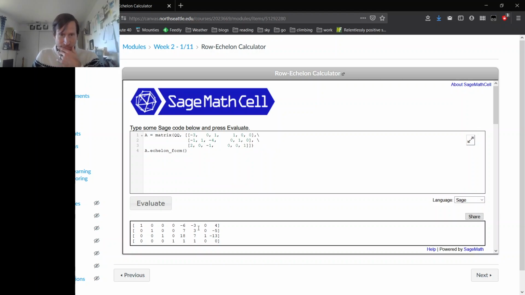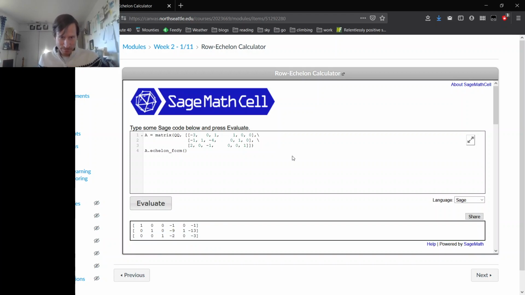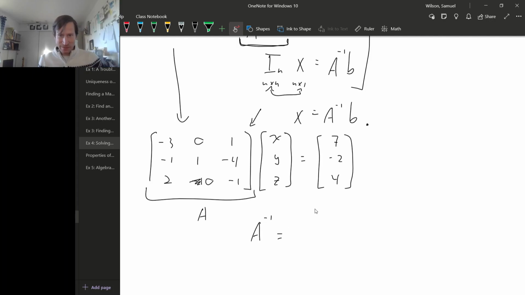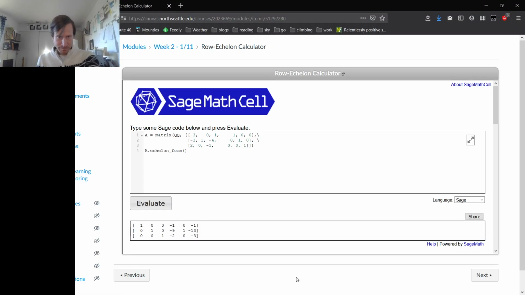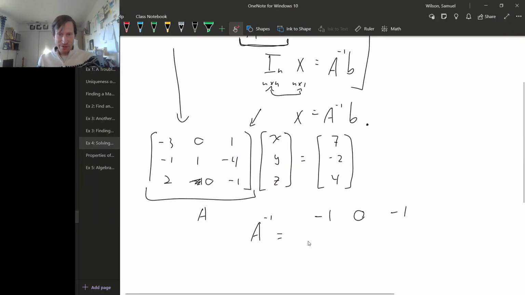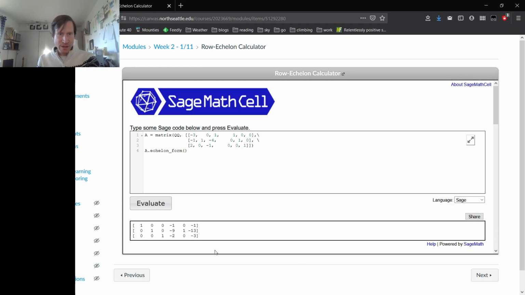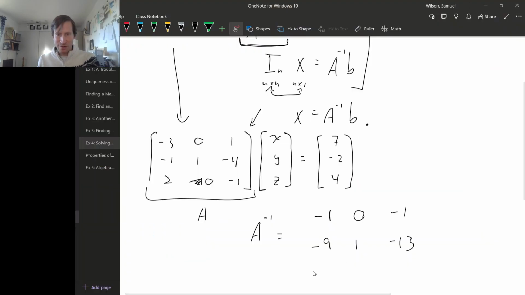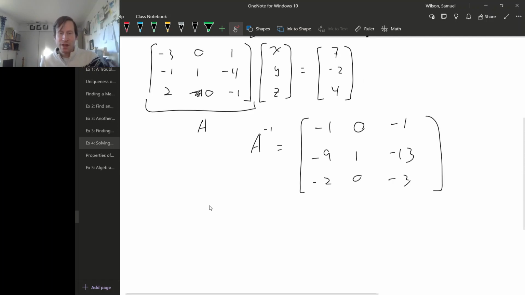Okay, and then hit go. All right, so it did. The left-hand part did reduce to the identity. So the inverse has rows -1, 0, -1; -9, 1, -13; -2, 0, -3. Okay, there's our inverse matrix.